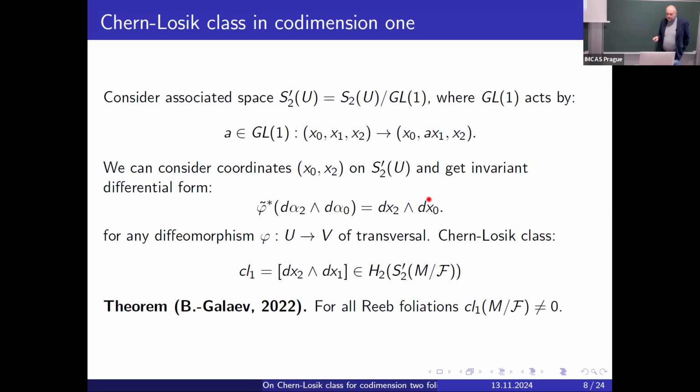So again, this form is invariant. And we get the Chern-Losik class, the first Chern-Losik class, the cohomology class of this form. And it was proved by us, me and Anton, that for RIP foliation, the Chern-Losik class is not zero for any function f, for any vector field.